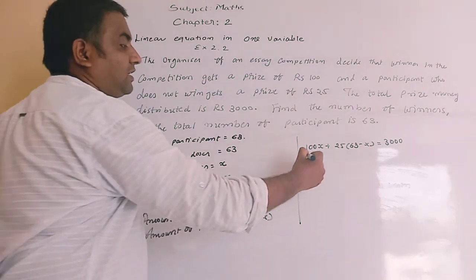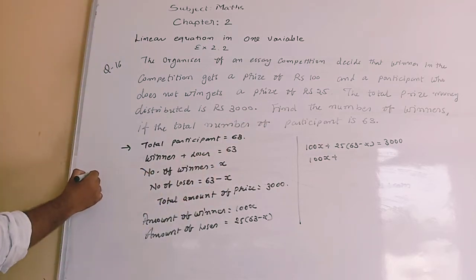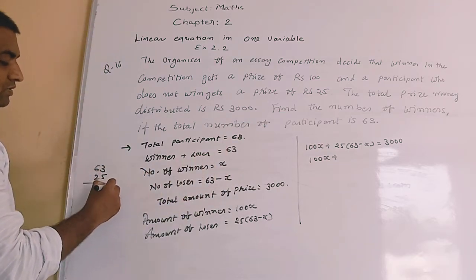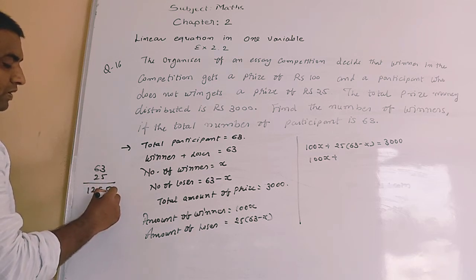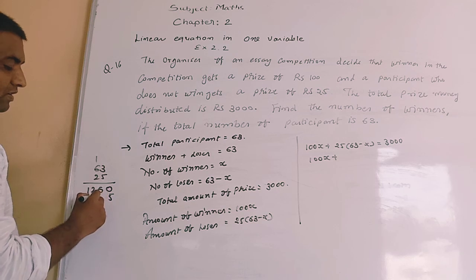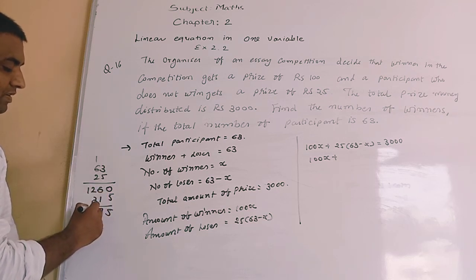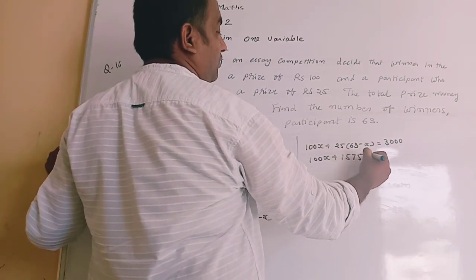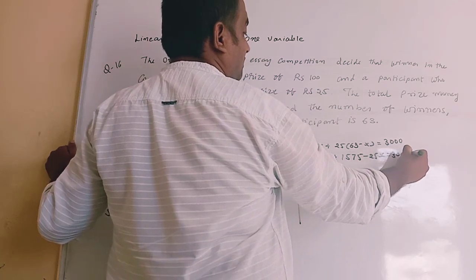So 100x, now 63 into 25: 25 into 3 is 75, 25 into 60 is 1500, so 1575, minus 25x equals 3,000.